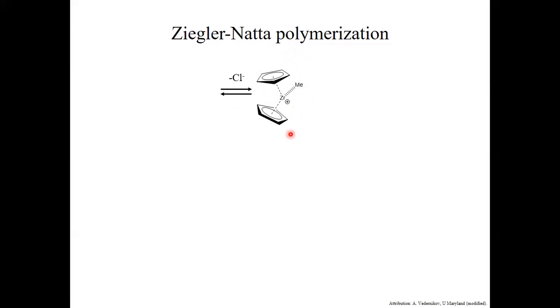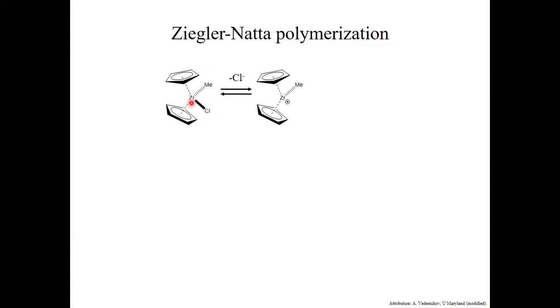So again, we form an actual catalyst from a pre-catalyst. So in this case, the pre-catalyst can be a zirconium complex, a cyclopentadienyl zirconium complex with an additional methyl group and an additional chloro ligand.